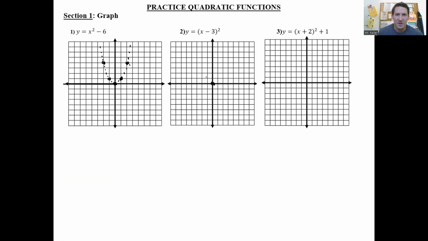We are going to end up shifting these graphs around based on what's going on with that stuff up there. So here, and then again here.